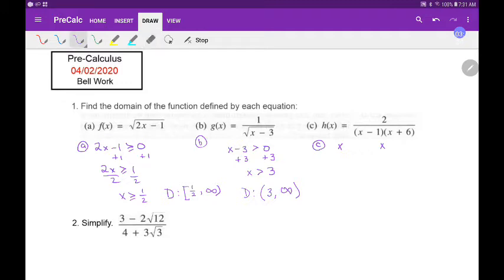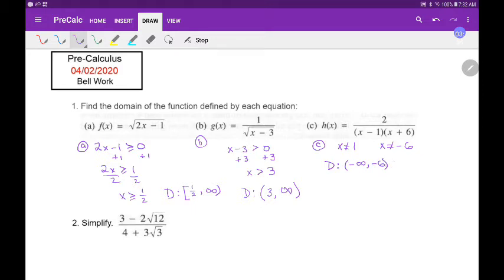We're just going to say x is not equal to 1, and x is not equal to -6. Other than that, we're okay, because this time we're not dealing with the square root. So I had square root on the brain because of the first two. And, yeah. So there's only two places where we're concerned. So the domain would be negative infinity up to, as long as I don't have -6 involved.